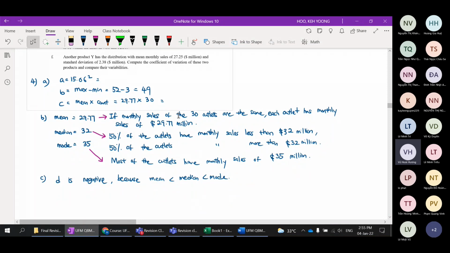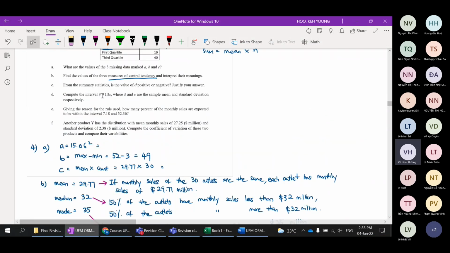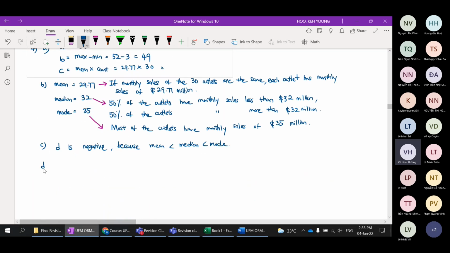Question D. Compute the interval sample mean plus minus 1.5 times the standard deviation. Find the interval 1.5 standard deviations away from your mean. Let's illustrate this graph. What the question is asking is, mean is 29.77, right?